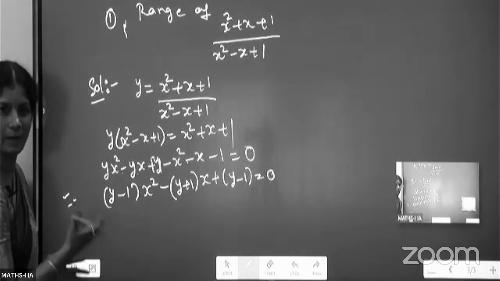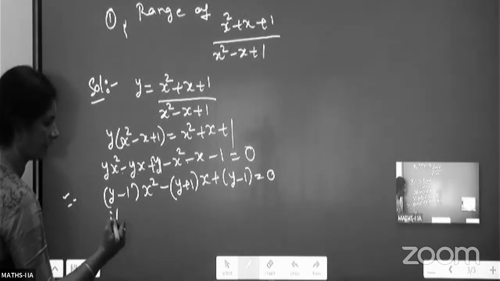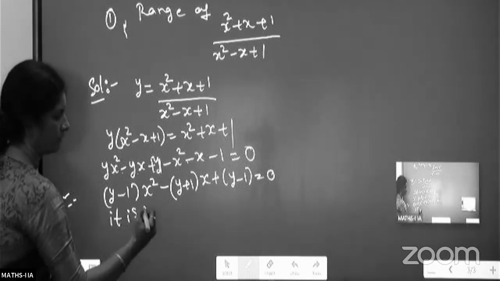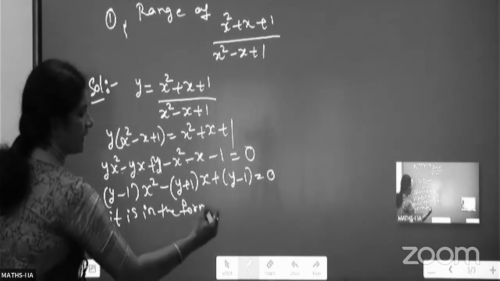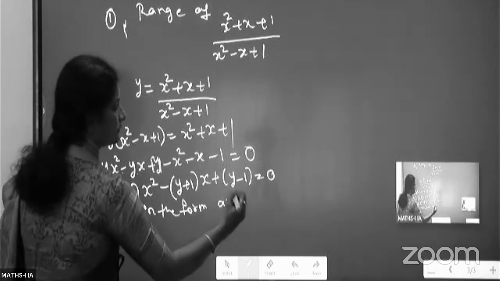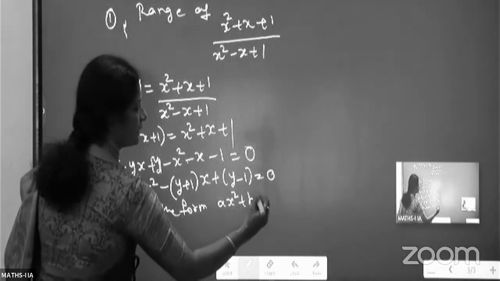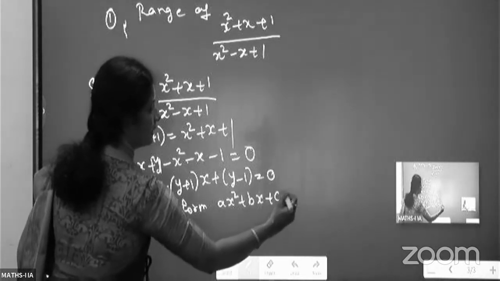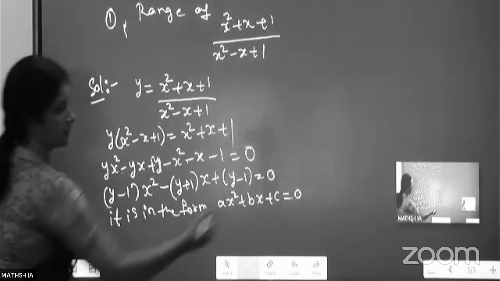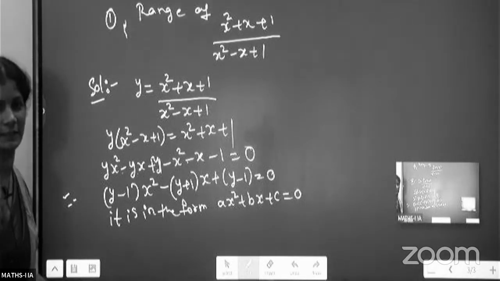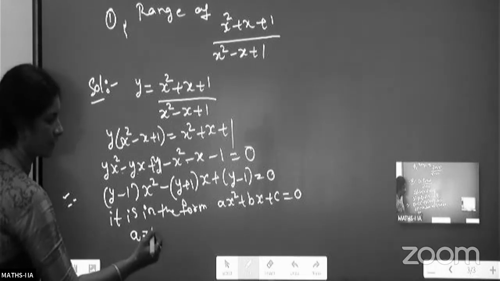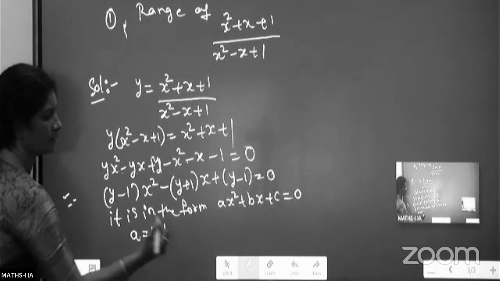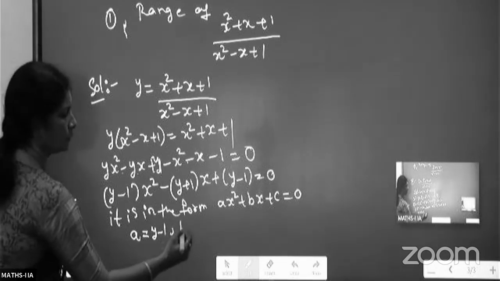Now, if you observe, it is in the form of ax square plus bx plus c is equals to 0. What is a value? Coefficient of x square, that is y minus 1. What is b value?